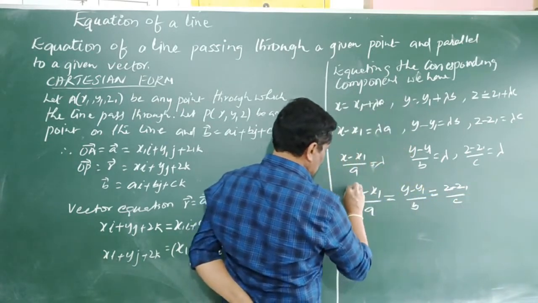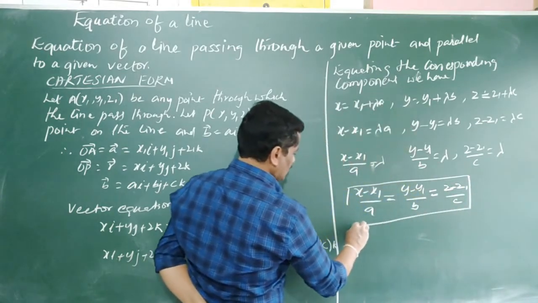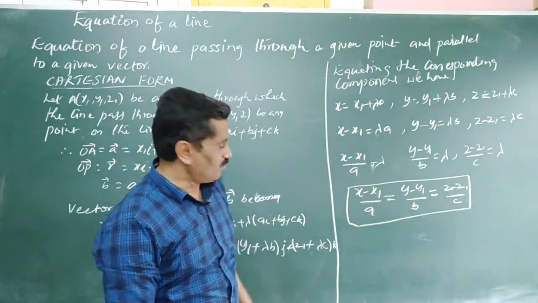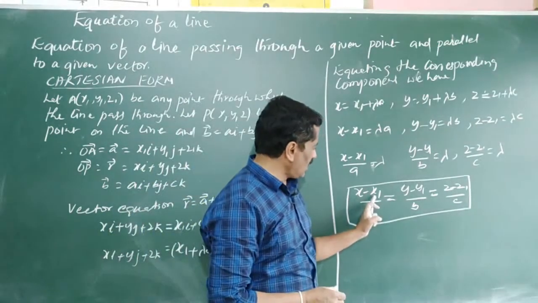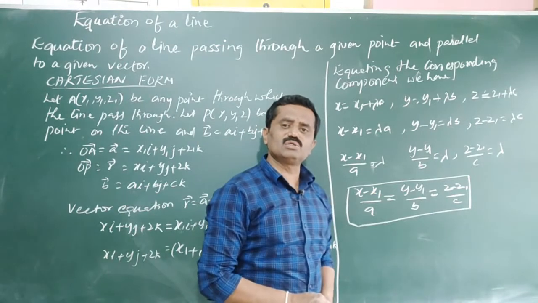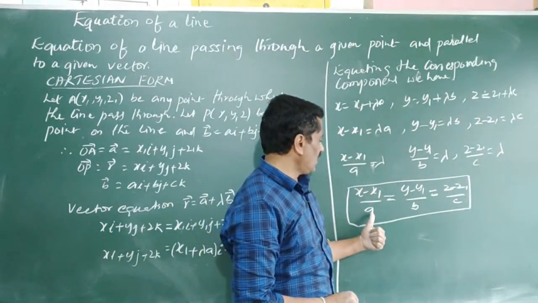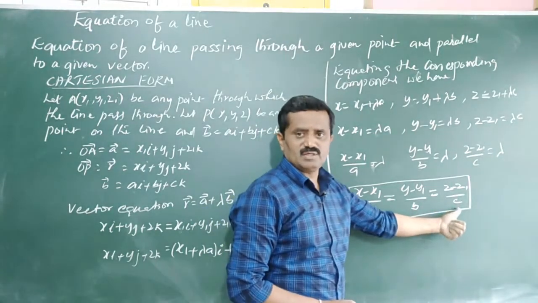Which is the Cartesian form of the equation of a line passing through the point x1, y1, z1 and parallel to the vector whose direction ratios are a, b, c.